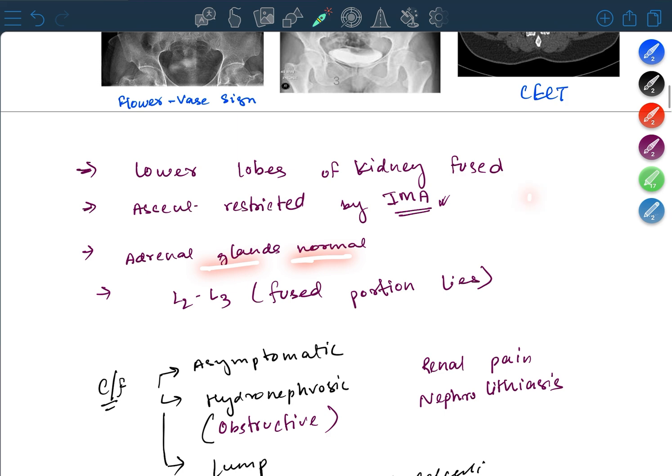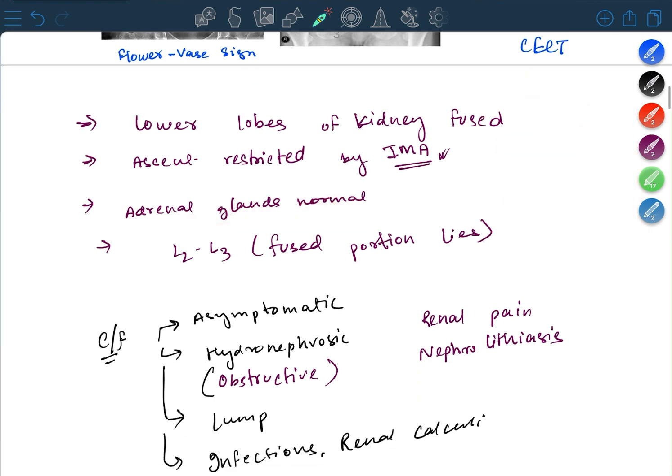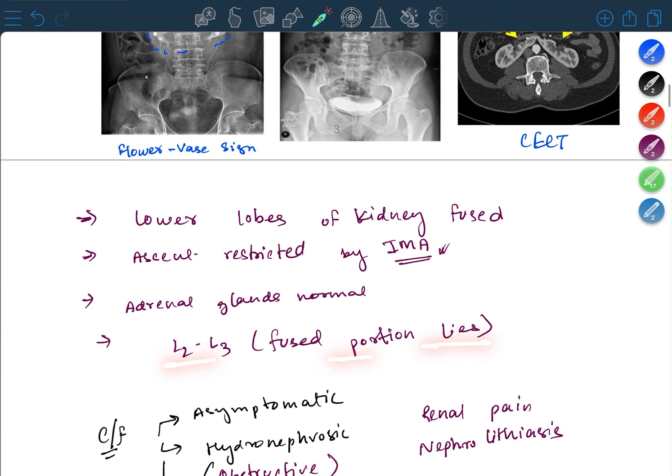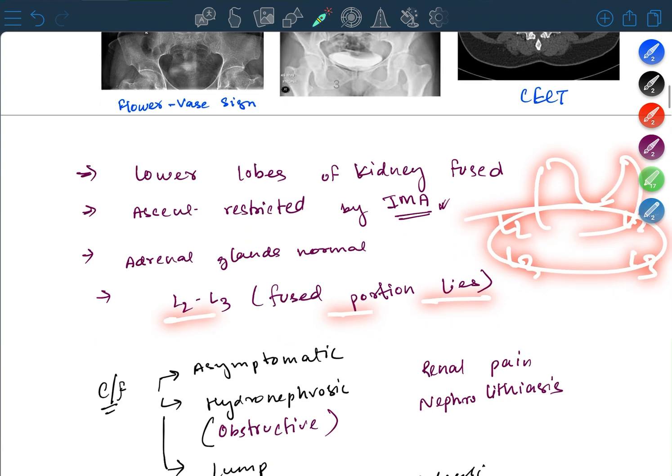Adrenal glands are normal, yes. Adrenal glands, we know these are situated above the kidney. So if adrenal glands are present, then they are normal. The fused portion lies at L2 L3. Okay, done.